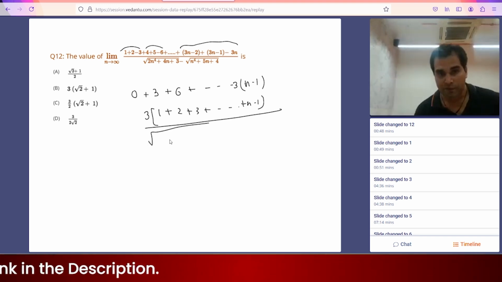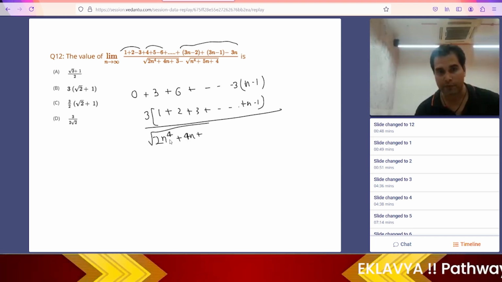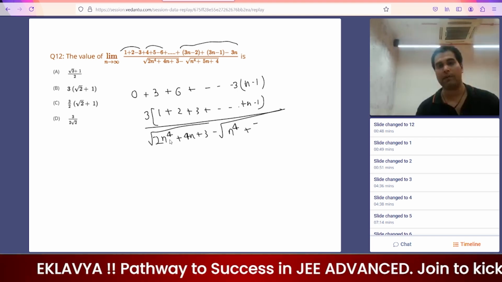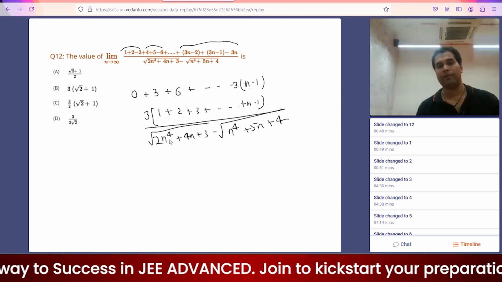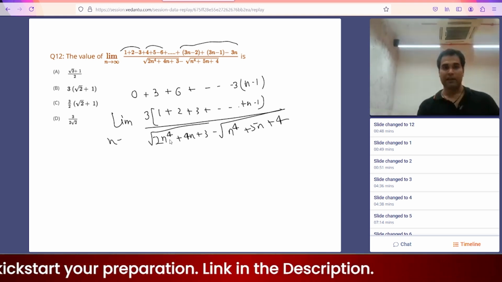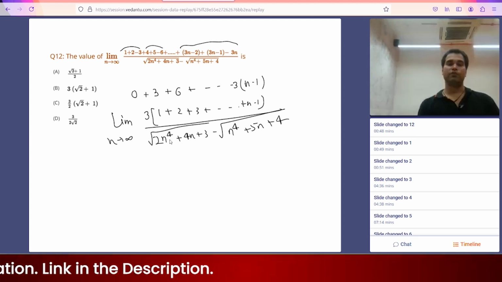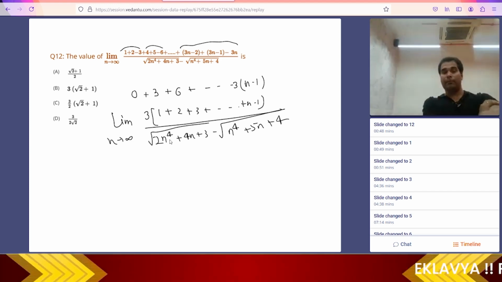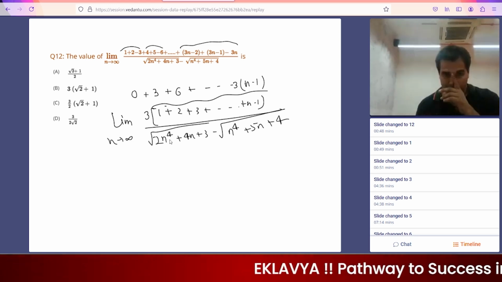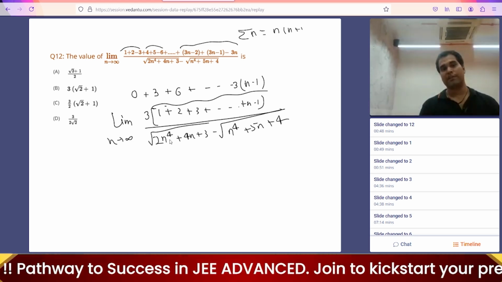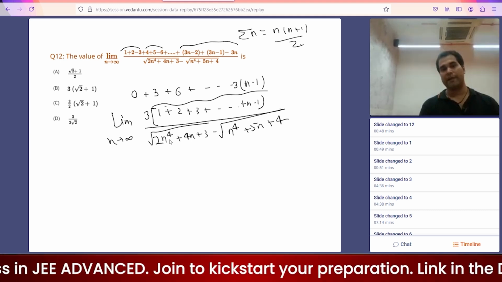divided by, in the denominator, the square root of (n to the power 4 plus 4n plus 3) minus the square root of (n to the power 4 plus 5n plus 4). Now, here given that the limit tends to infinity. In any limit question tending to infinity, we will use the summation of the first n natural numbers, which is n plus 1 by 2.